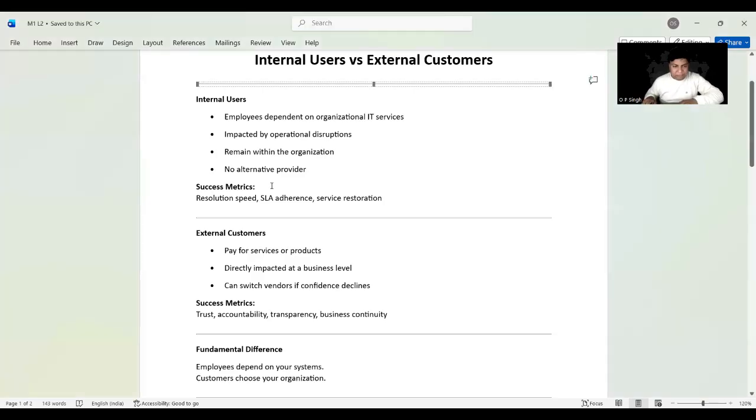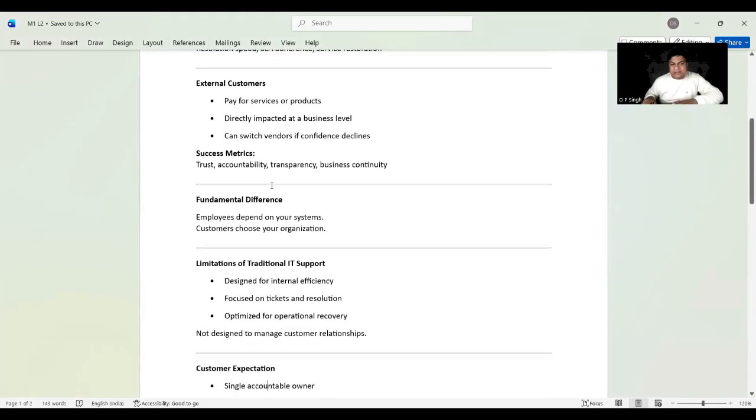Now let's move forward to the limitations of traditional IT support. Now you know what IT support is, and what an internal customer or internal user is. So what are the traditional limitations for this type of support?